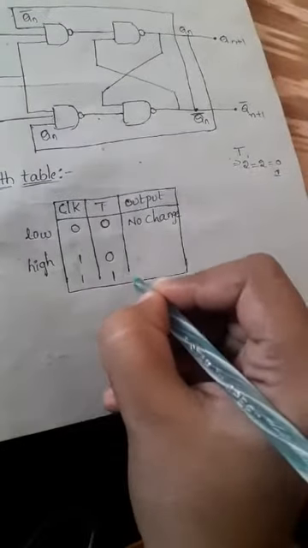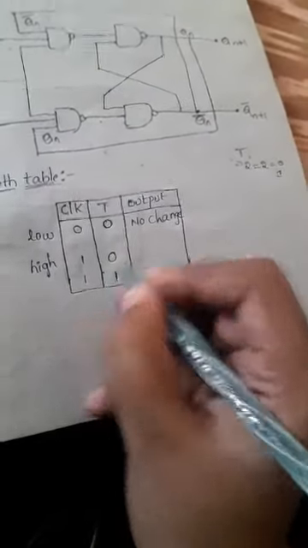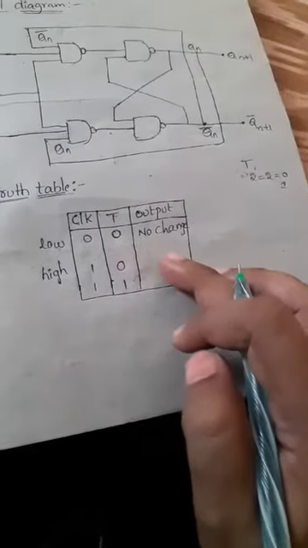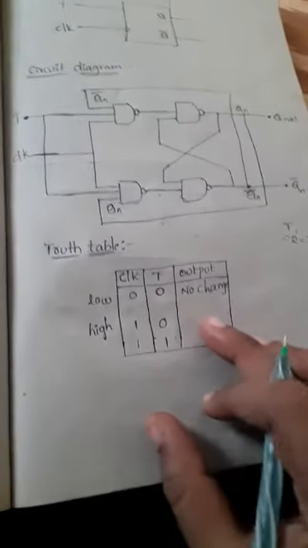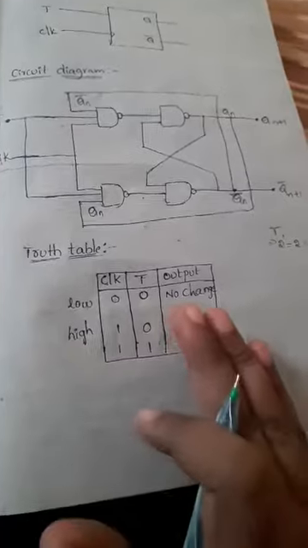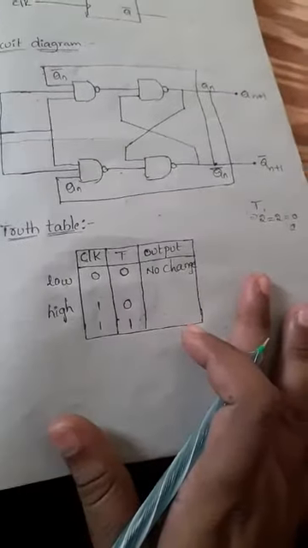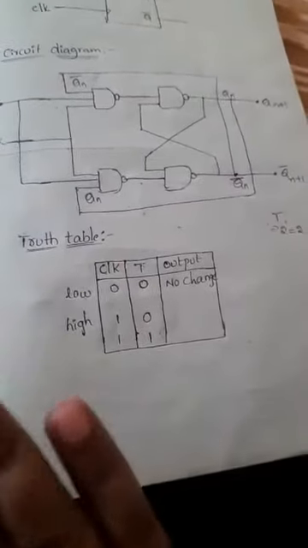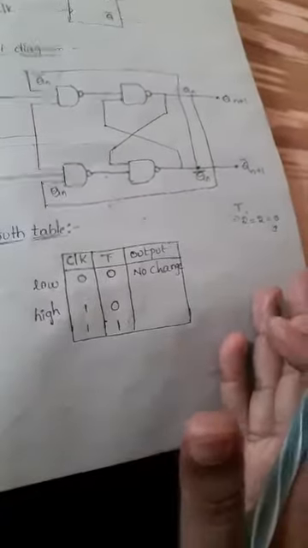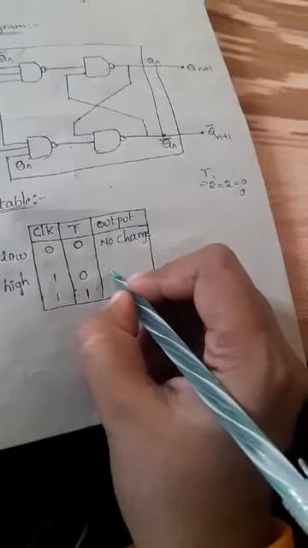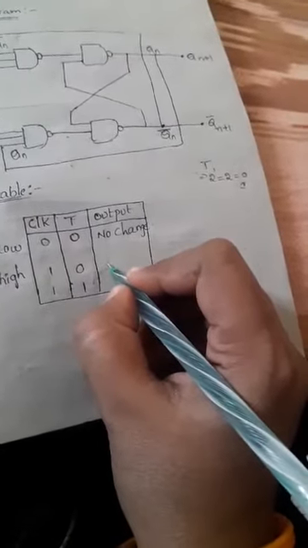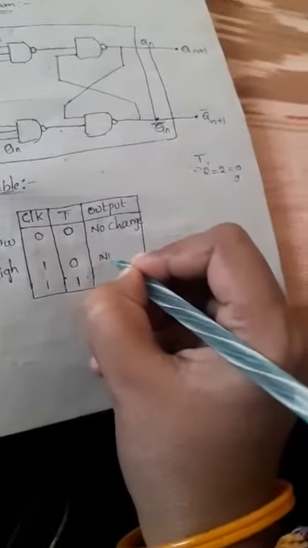So whenever the clock is high, the 2 conditions are 0 and 1. If the clock pin is high and the input is 0, then what result are we getting? Whenever the T input is 0, the previous output is represented as the present state output. So we get the result as the previous output again, which is the no change operation.